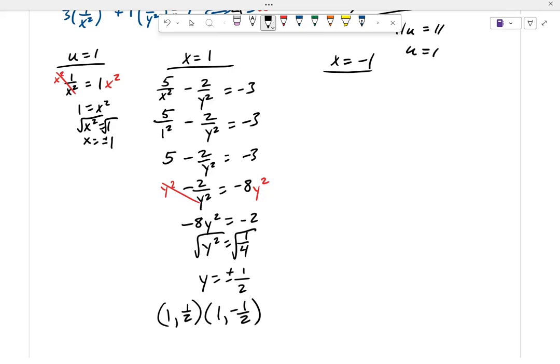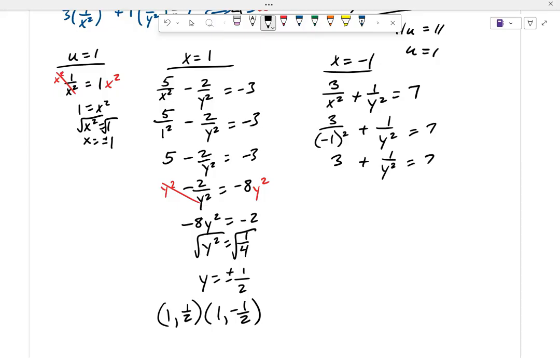Now when x is negative 1, again, we could plug it into either one in this case. Let's plug it into the bottom one this time. 3 over negative 1 squared plus 1 over y squared equals 7. 3 over 1. 1 over y squared equals 4.